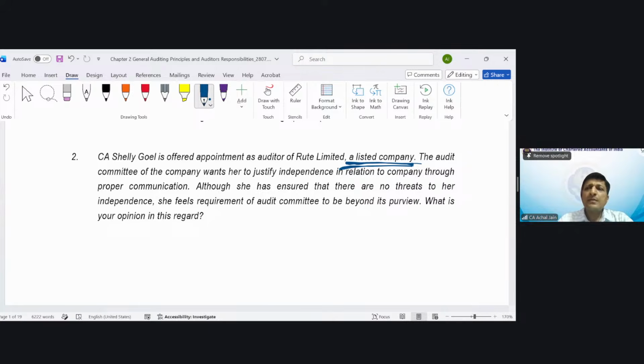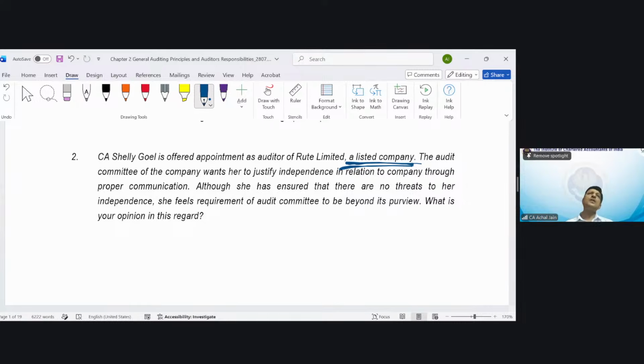Of course, that's a requirement. Although she has ensured there are no threats to her independence, she feels the requirement of the audit committee asking for this is beyond the purview of the audit committee. So of course it's not about whether there's an independence issue or not.